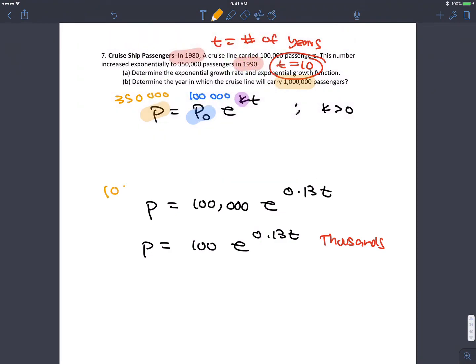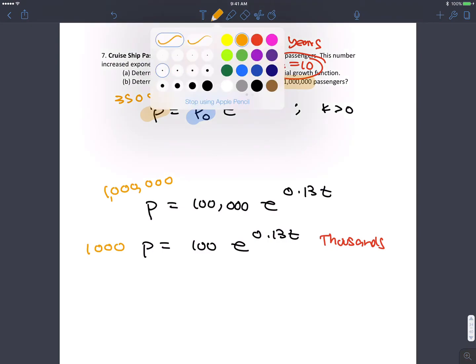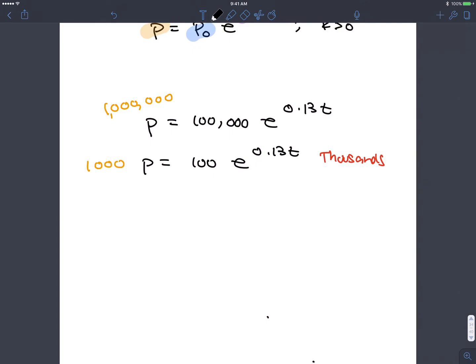In the original, this is 1,000,000. If my model is in thousands, I'm simply going to have to now use 1,000, because 1,000 times 1,000 is 1,000,000. And my new model becomes 1,000 equals 100 e to the 0.13t.